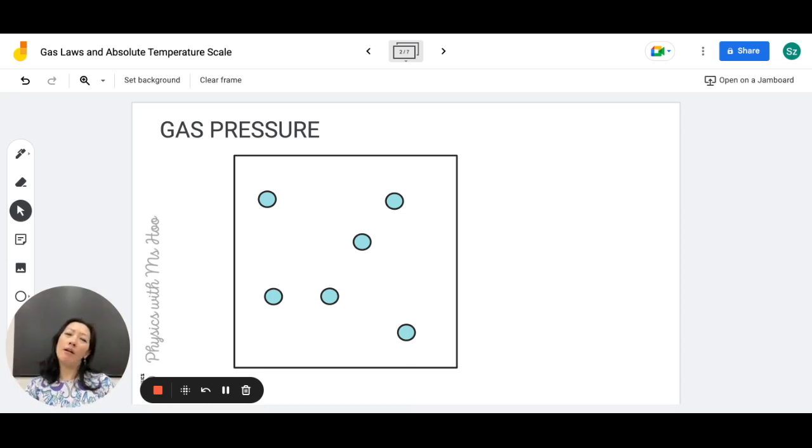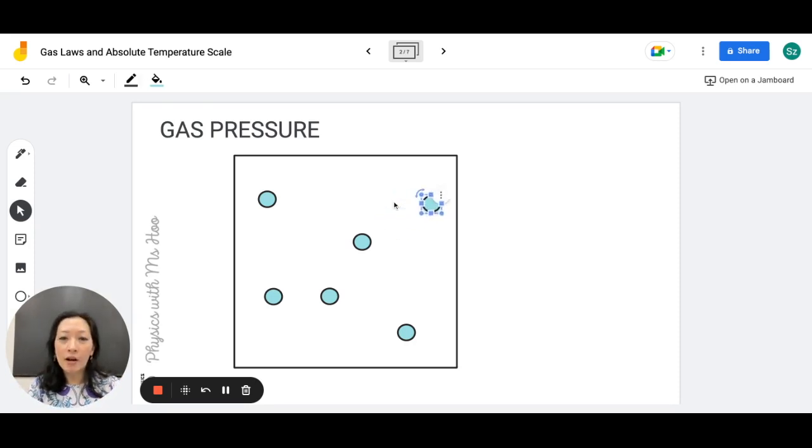Now let's recall what we know about the kinetic theory of matter. All matter is made up of tiny, discrete particles that are constantly in motion. So when it comes to gas, we know that gas particles are constantly moving in random directions.